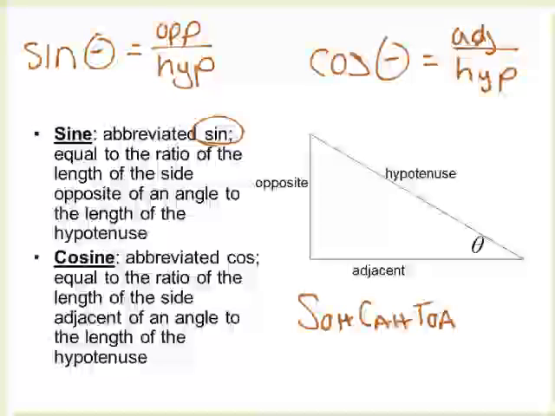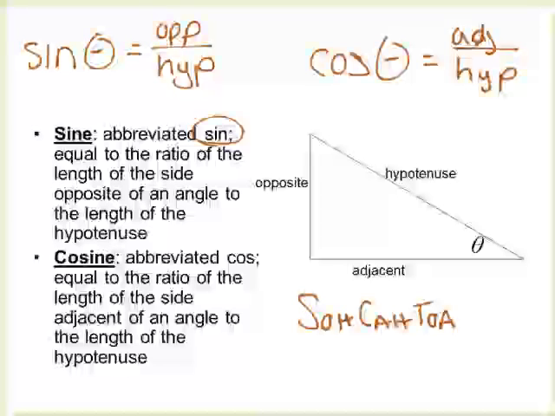The S stands for sine, and then OH says opposite hypotenuse, because sine is opposite over hypotenuse. Then the C stands for cosine, and then AH, cosine is adjacent over hypotenuse. And then tangent, T, and then OA, opposite over adjacent. So this lists out each of the three trig functions, and then what the fraction is: opposite over hypotenuse, adjacent over hypotenuse, opposite over adjacent.